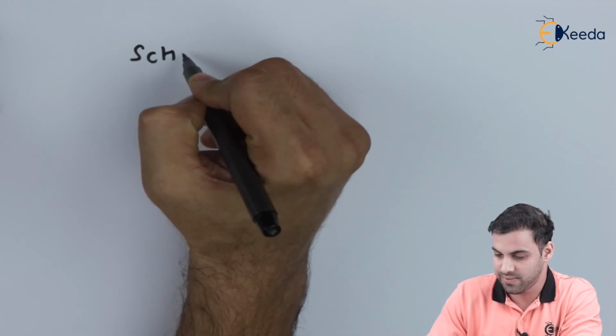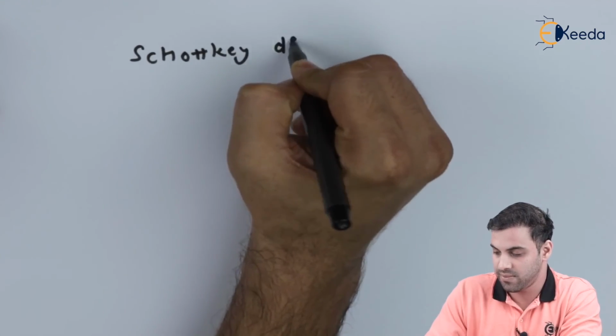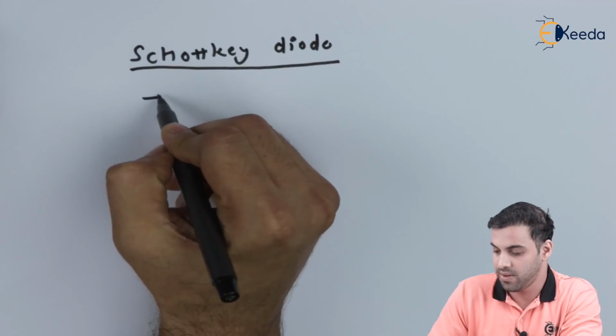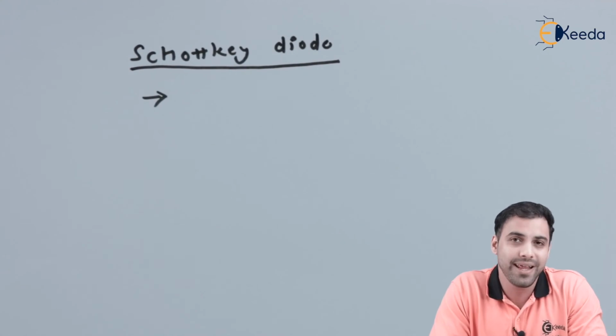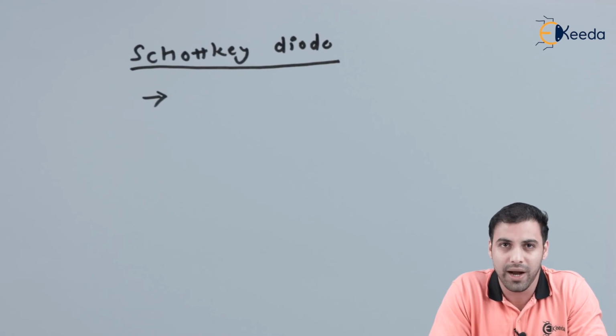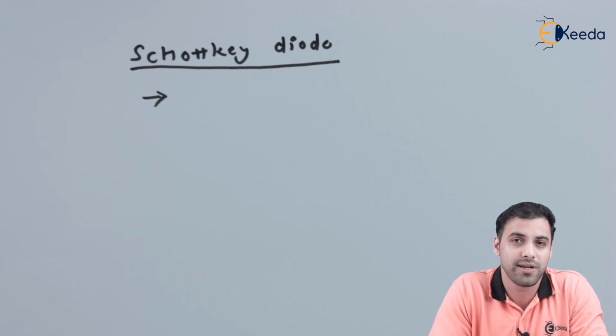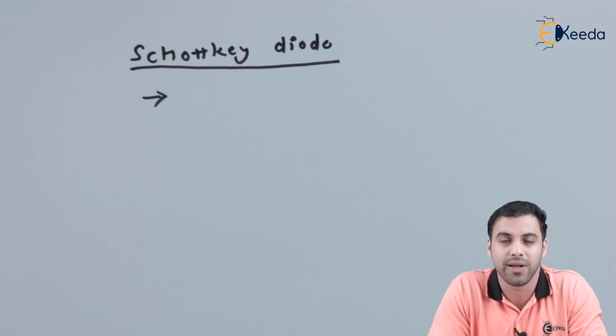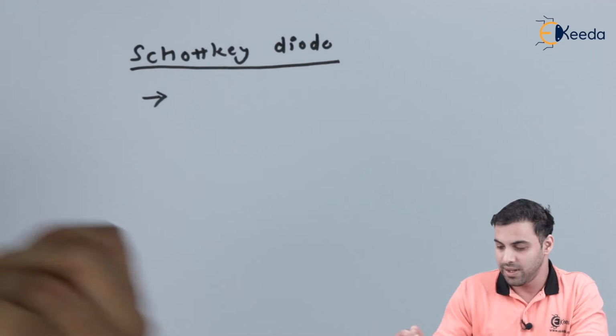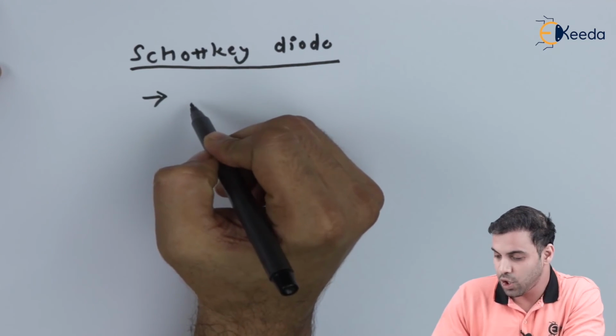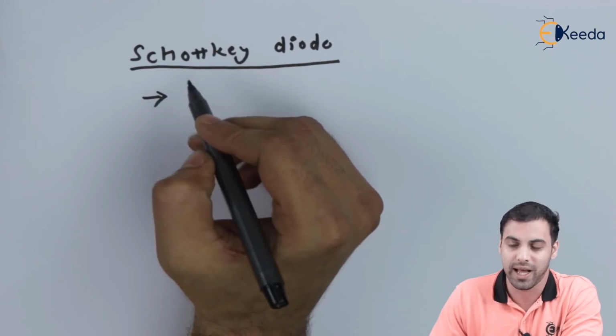Now friends, let's talk about the type 3 diode, which is called the Schottky diode. The current rating of a Schottky diode is less compared to the general purpose diode and the fast recovery diode, and the voltage rating of a Schottky diode is also less compared to a general purpose diode and a fast recovery diode. Now let's talk about the voltage rating of a Schottky diode.